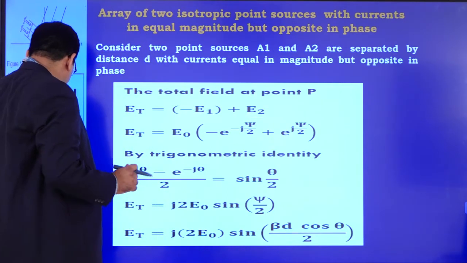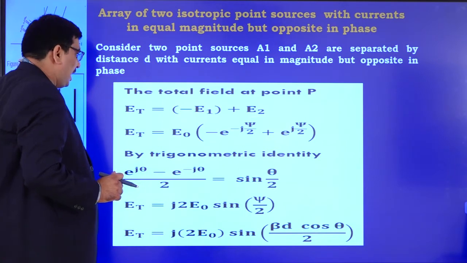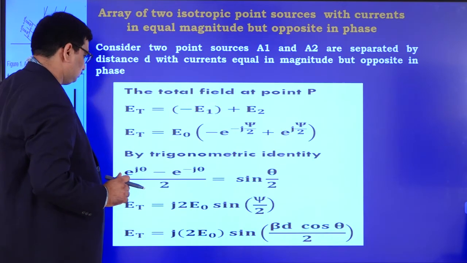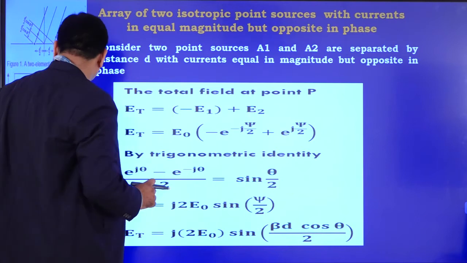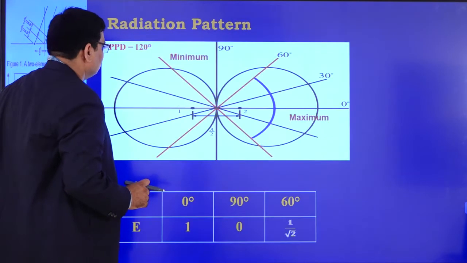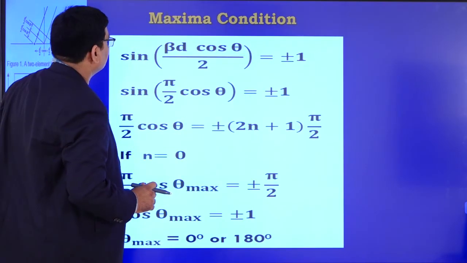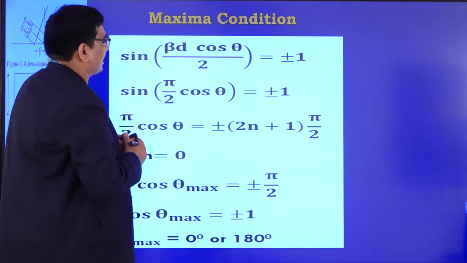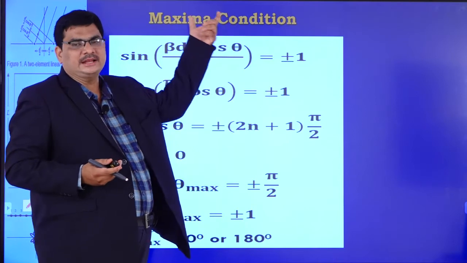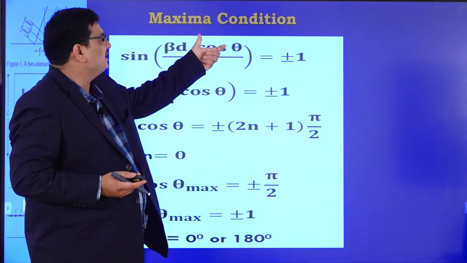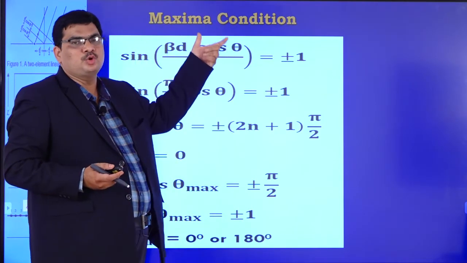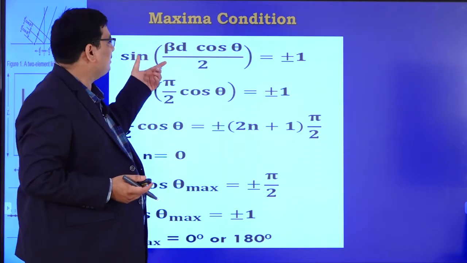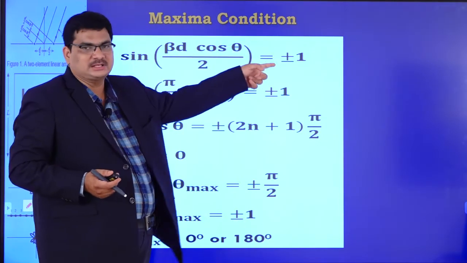For this antenna also, we have to find the maxima condition. To find the Et maxima, we equate the phase term to plus or minus 1. So sin(βd cosθ/2) is equal to plus or minus 1.